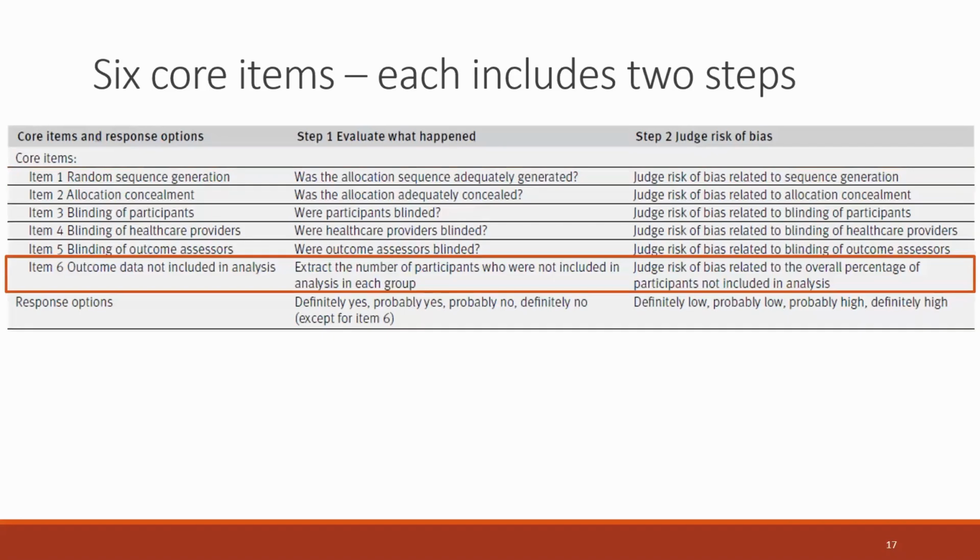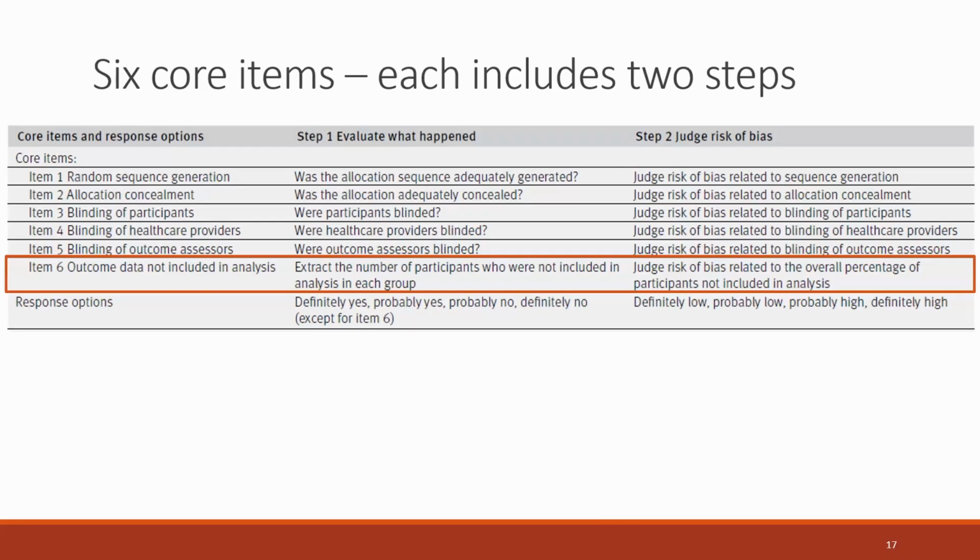Then we come to item 6. There it is about outcome data that is not included in the analysis. So this can be because there are actually participants lost to follow-up, so that they don't have outcome data contributing to the analysis, or that the authors of a trial decide not to include outcome data from participants in the analysis because they are, for example, focusing on only patients or participants who adhere to the protocol.